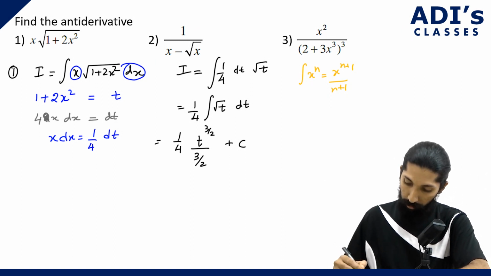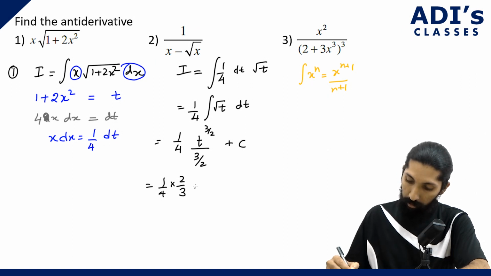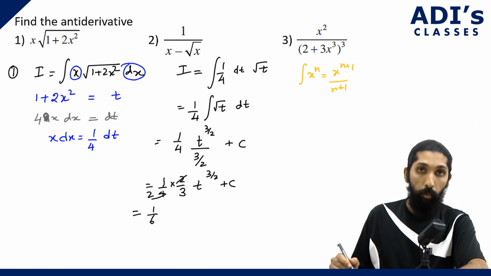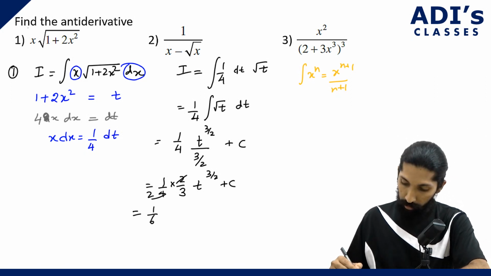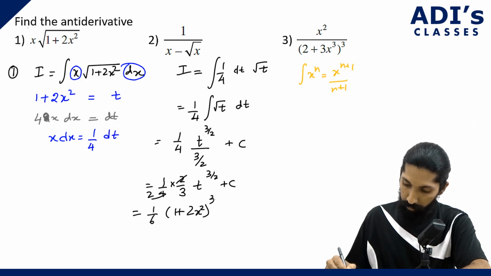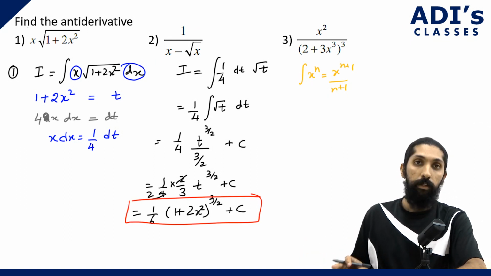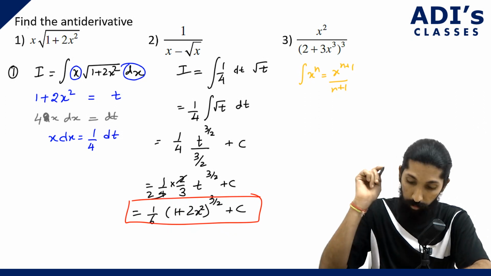Now, this is going to become 1/4 of 2/3 t to the power of 3/2. Cancel. So 1/6. What is t? 1 plus 2x square. So 1 plus 2x square to the power of 3/2 plus c. So final answer is going to be this. Fair enough? So this is the answer for the first question.